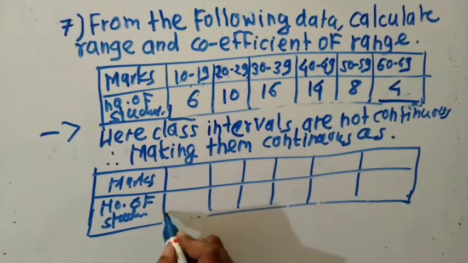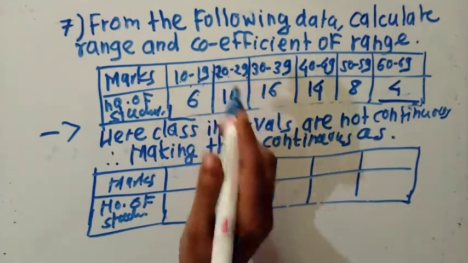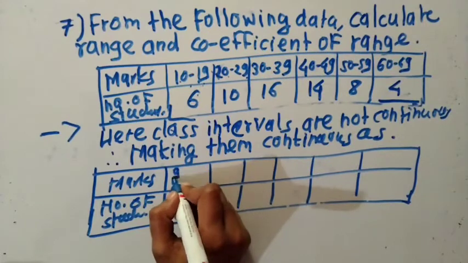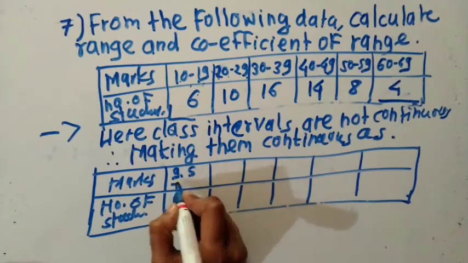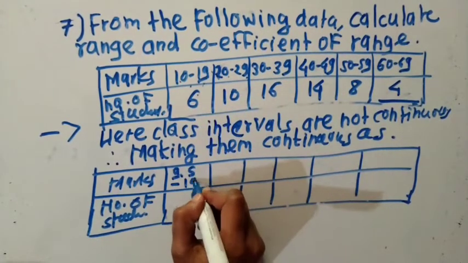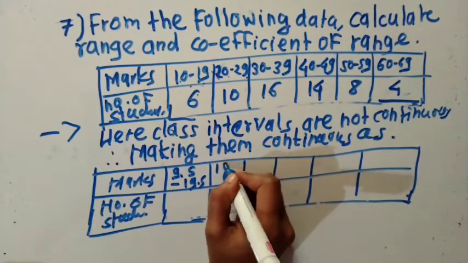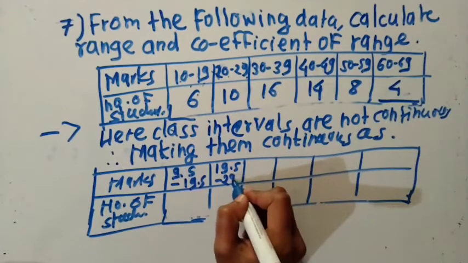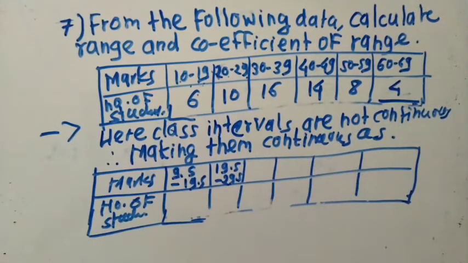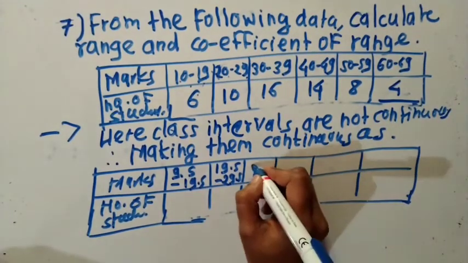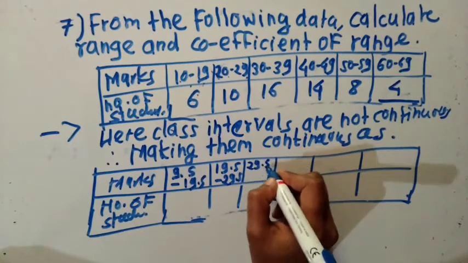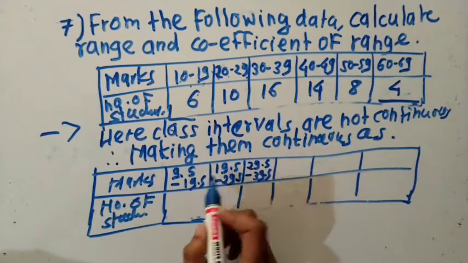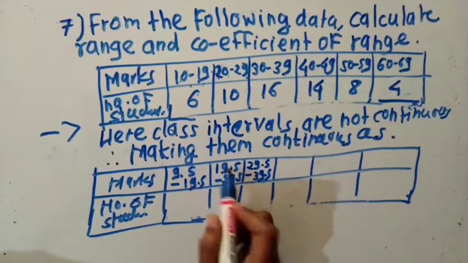So first upon 10 to 19 हे कसं करणार? तर 10च्या आधी काय घेणार? 9.5 to 19.5. आता 19.5 to 29.5. आता हा क्लास कंटिन्युअस झाला. सो 29.5 to 39.5.